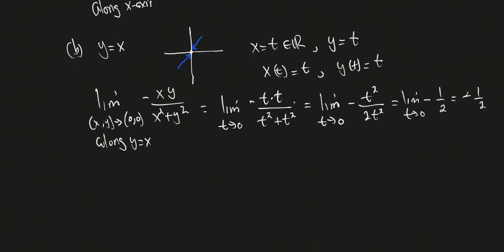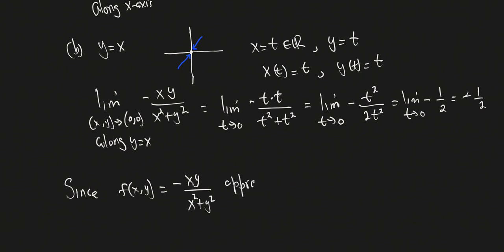So let's state this. Let's write down our function, f of (x, y) is equal to negative xy over x squared plus y squared.